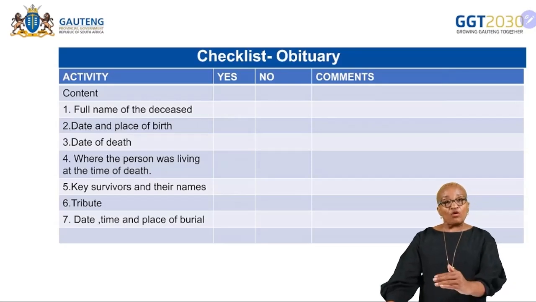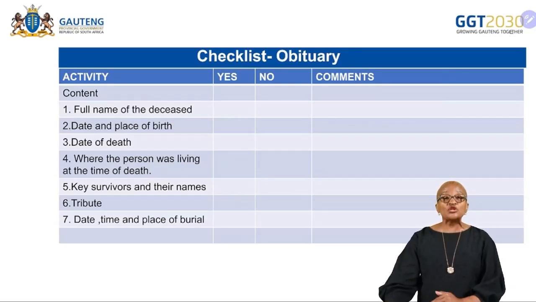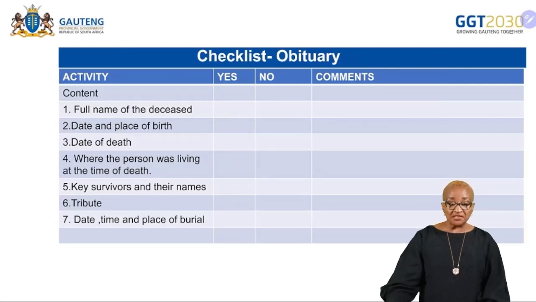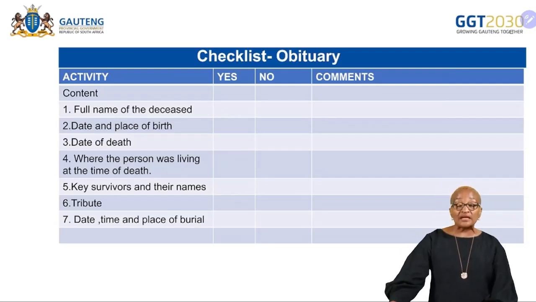So the column for comments is basically used for feedback. If you have included all the necessary elements, if you do have a tribute, and if not, the comment would give a clear indication what needs to be done in your piece.